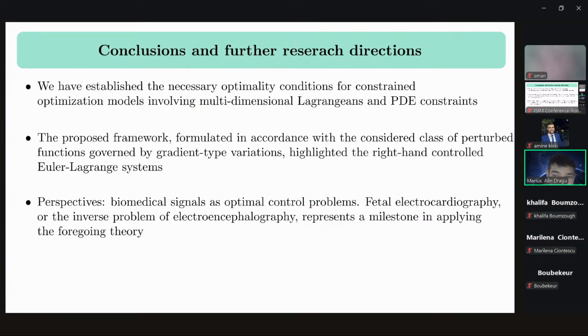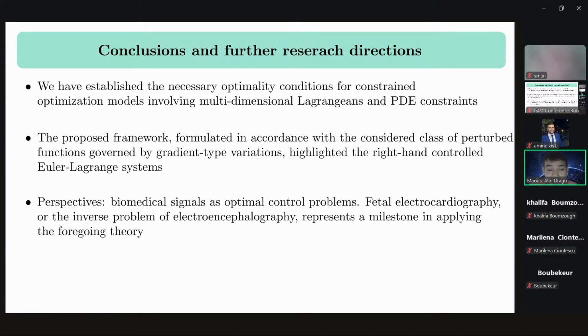Finally, conclusions and further research directions. We have established the necessary optimality conditions for a constrained model involving multidimensional Lagrangian partial differential equation constraints. The proposed framework, formulated in accordance with the considered class of perturbed functions governed by gradient type variation, highlighted the right-hand controlled Lagrange system.